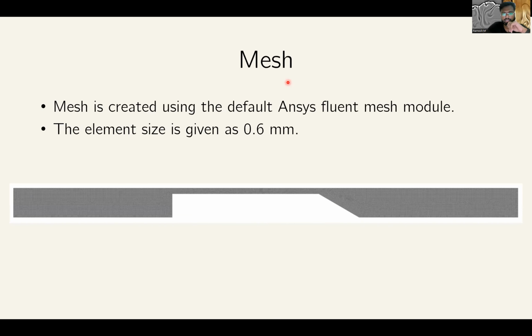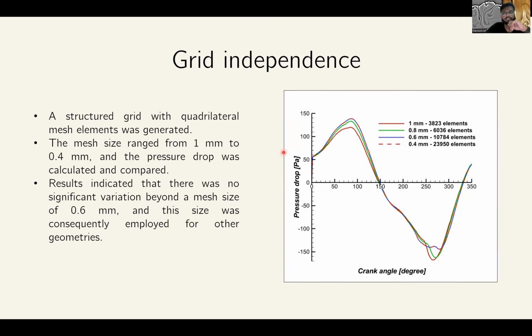The mesh is created again with Ansys Fluent, but I have also done a grid independence study. I started the mesh size from 1 mm and reduced it to 0.4 mm, and calculated the pressure drop across the two points. There is a deviation between the results from 1 to 0.8 mm, which have 3,800 elements and 6,000 elements respectively.